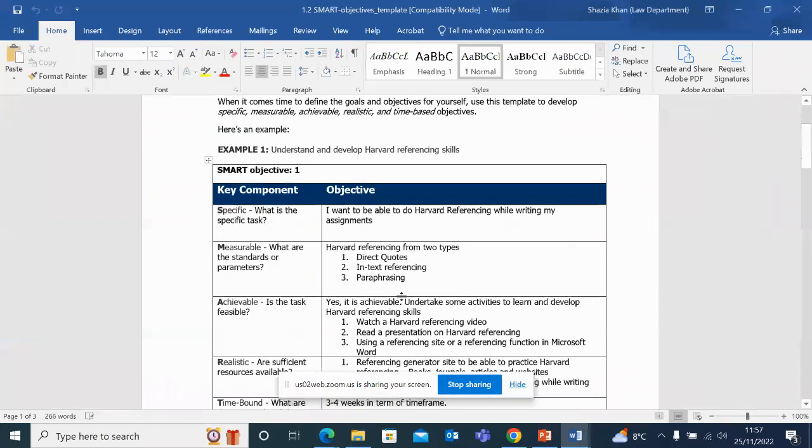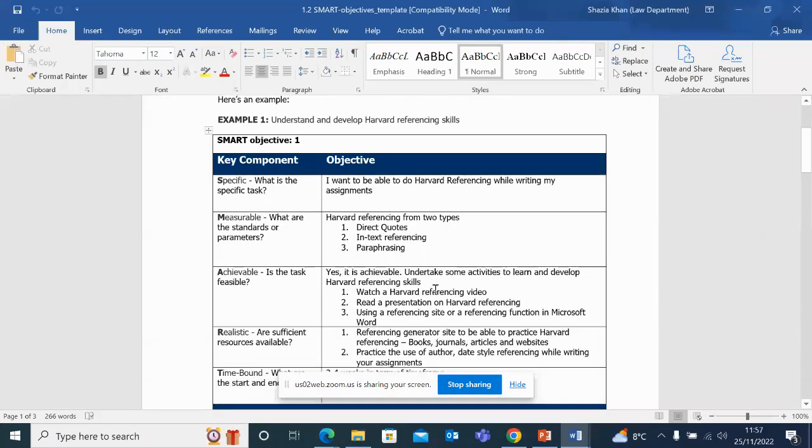So the first one, like we said, what is the specific task? I want to be able to do Harvard referencing while writing my assignment. What are the standards or parameters? Harvard referencing from two types, direct quotes, in-text referencing, or paraphrasing.